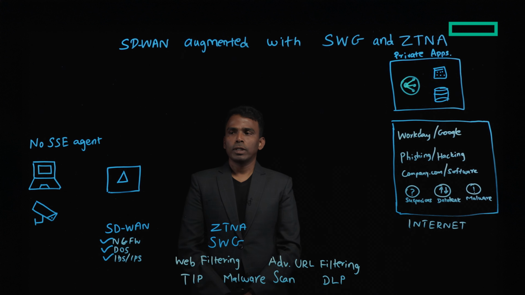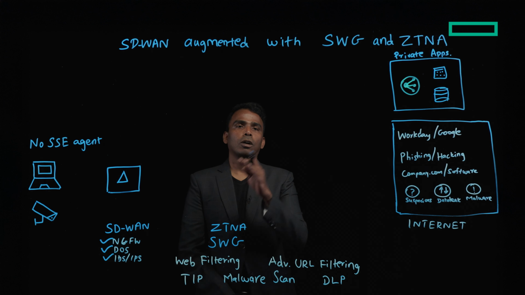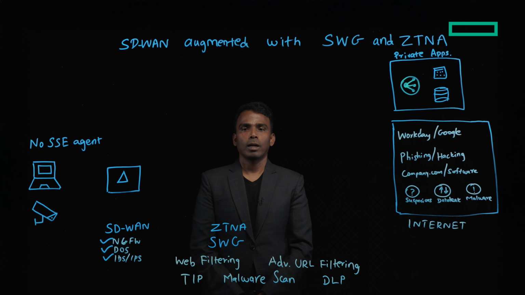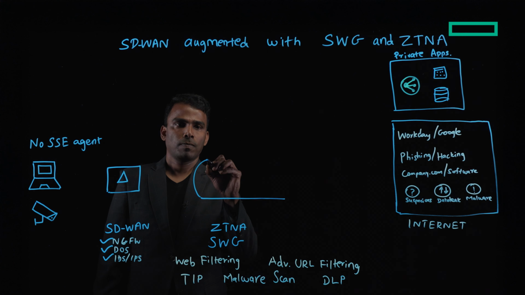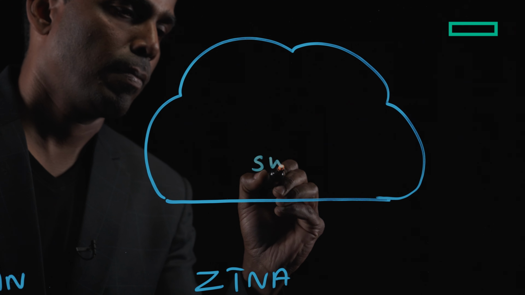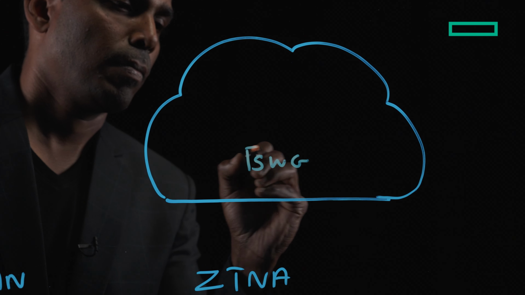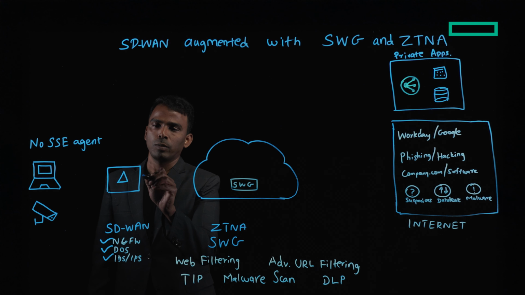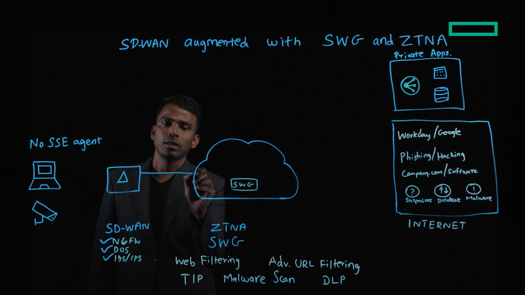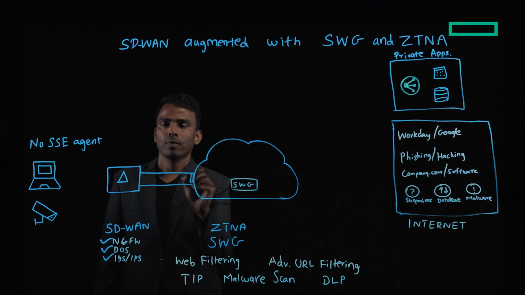That's where augmenting SD-WAN with our cloud-based secure web gateway comes into play. A secure tunnel is established from the SD-WAN gateway to the nearest point of presence of SSE in the cloud.